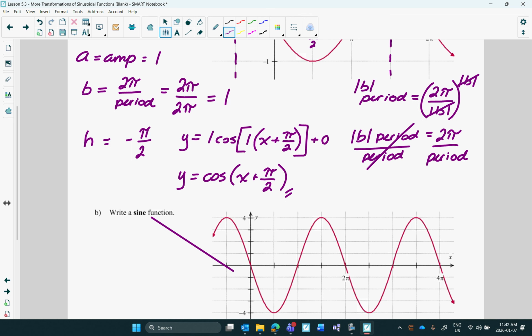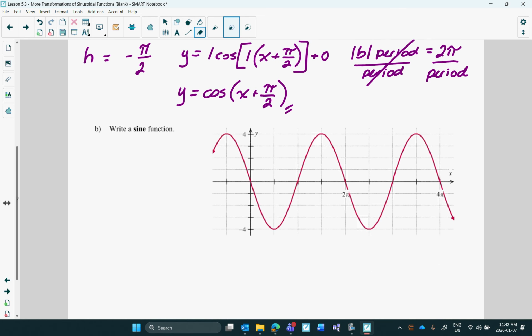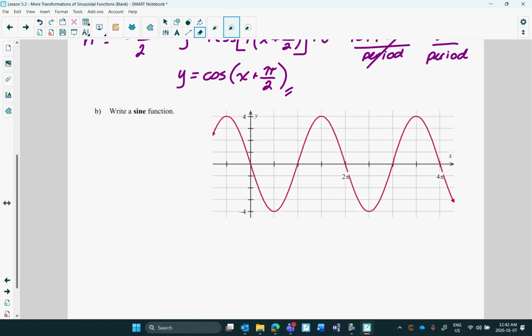So all I want to do is go through a few more of these. If you follow the same system or steps, it gets pretty straightforward. Here we're given one, we're asked to write a sine function.